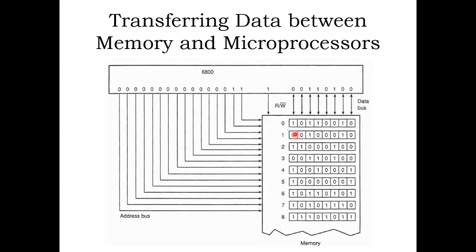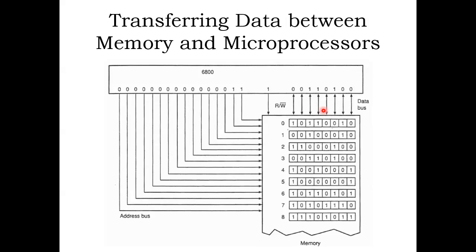Now, as you can see, there is a direct bidirectional connection between the microprocessor and the memory. Bidirectional means what? It can either read or write, meaning the microprocessor can either read from the memory or write to the memory, depending on what exactly it needs. Reading means it can read whatever we have in a specific memory location. Or if it has to write, it will go and write in that memory location.